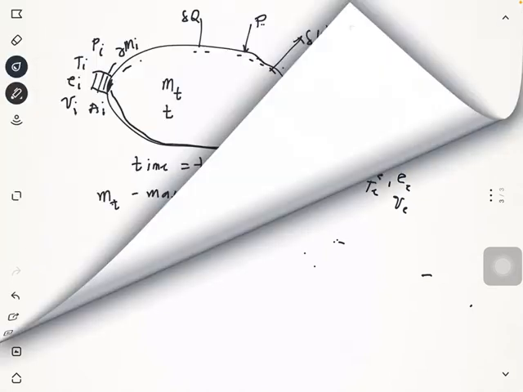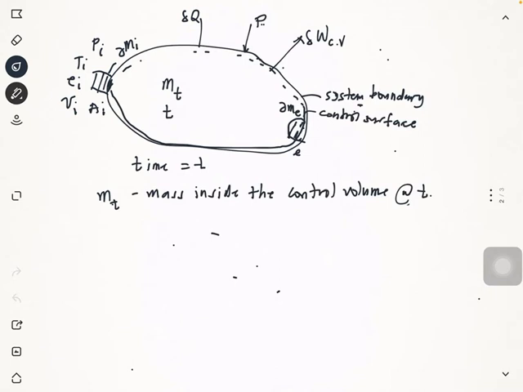So this is our state 1, wherein the mass is just at the system boundary, and the mass is not entering the control volume yet, and the mass is not leaving the control volume yet.